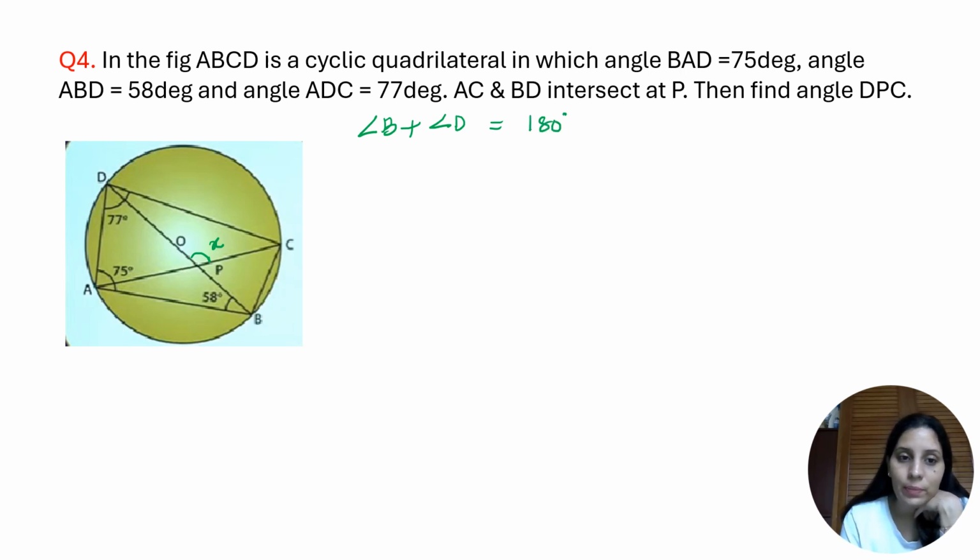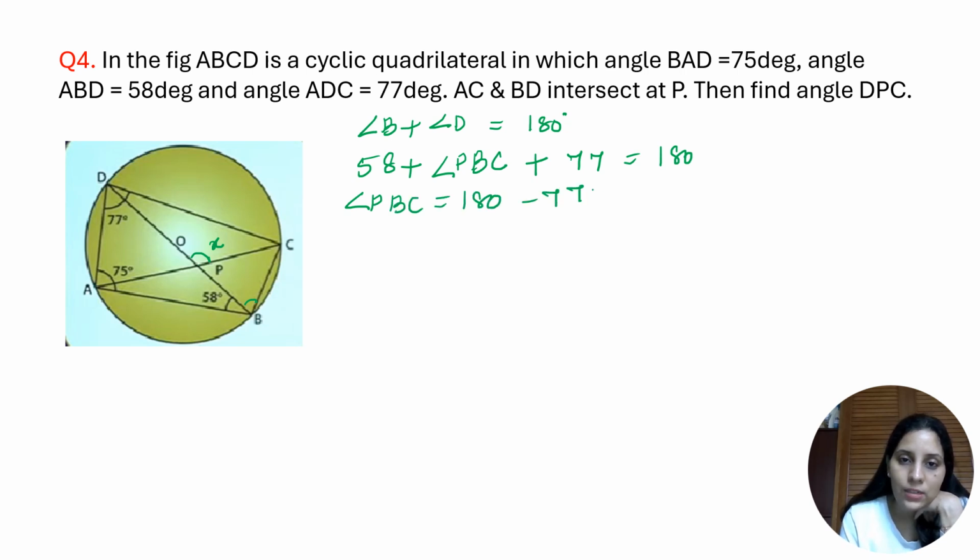So I can write B plus D is 180. B is 58 plus PBC, plus D is 77, equal to 180. So PBC is 180 minus 77 minus 58, which gives us 45 degrees.